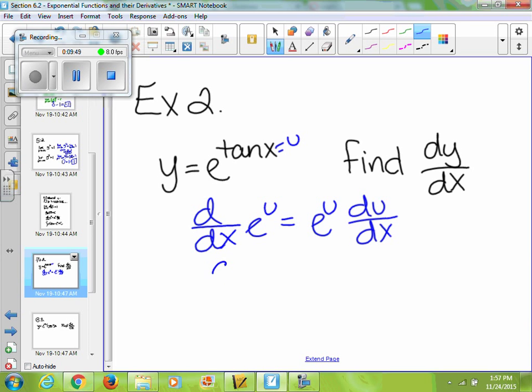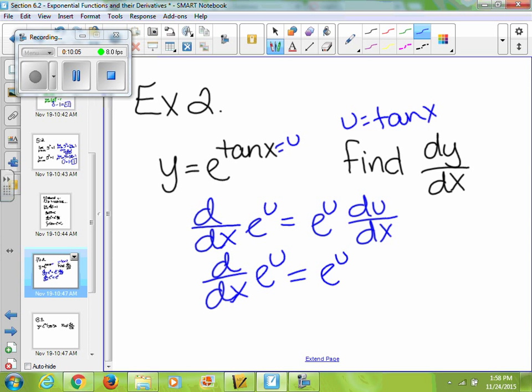So then this would become the derivative d/dx of e to the u, and I know that e to the u stays the same, and then I need to find my derivative of u. And since u is equal to tangent of x, what's the derivative of tangent? If we go back to all of our derivative rules, we have a whole table of them.